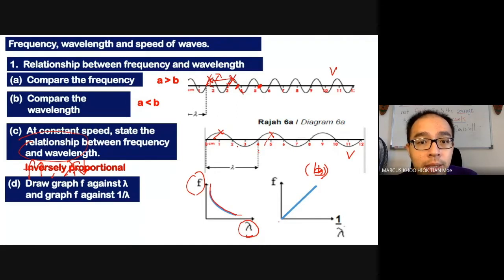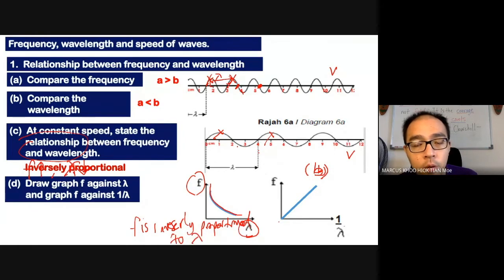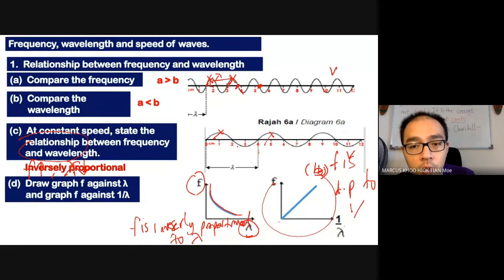Under your graphs, please write the relationship: f is inversely proportional to lambda, but over here, f is directly proportional to 1 over lambda.